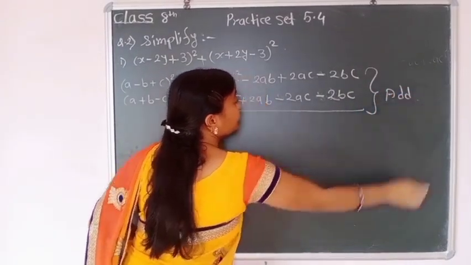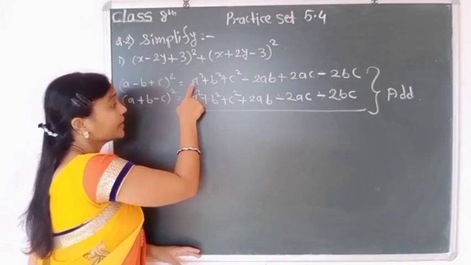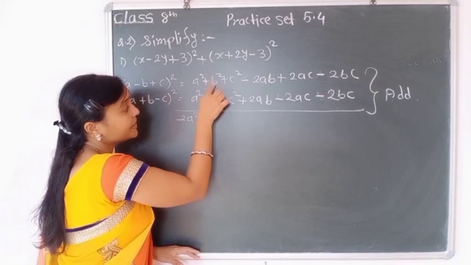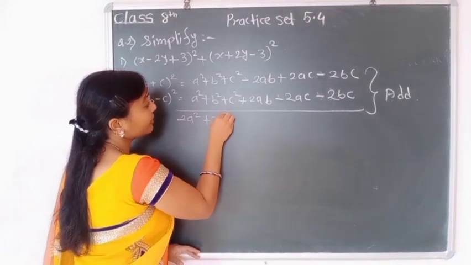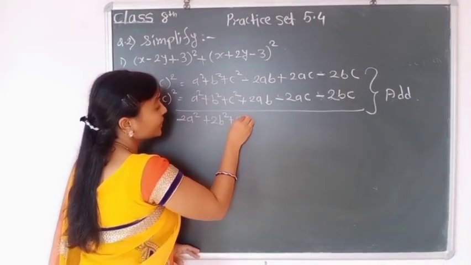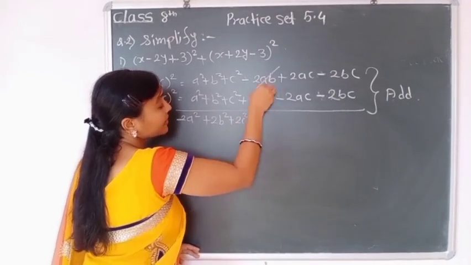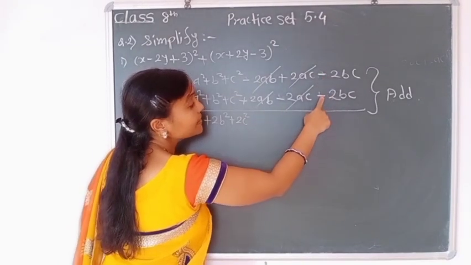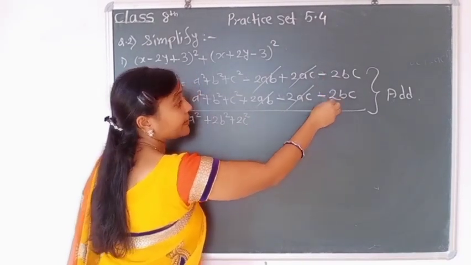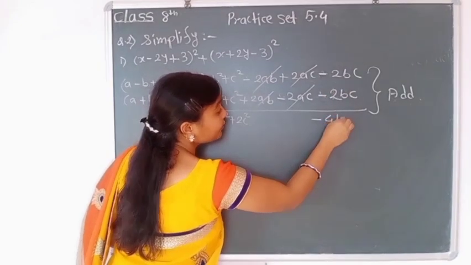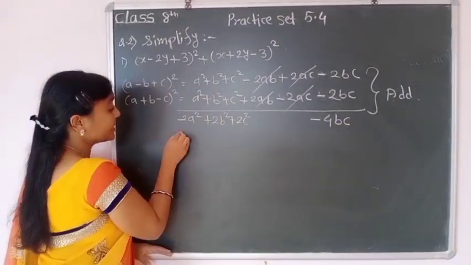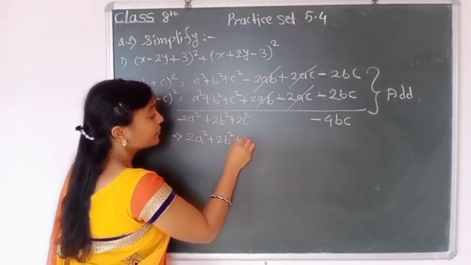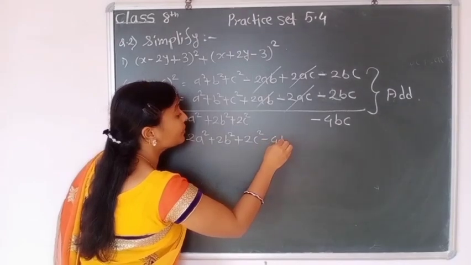If we add a square plus a square, twice a square; b square plus b square, twice b square; plus c, twice c square; plus minus cancel, again plus minus cancel; minus minus plus, but sign is minus, 2 and 2 is 4 bc. So what is the expansion of this? Twice a square plus twice b square plus twice c square minus 4bc.